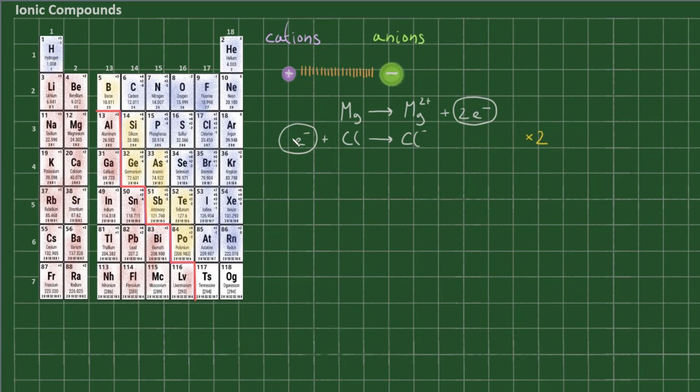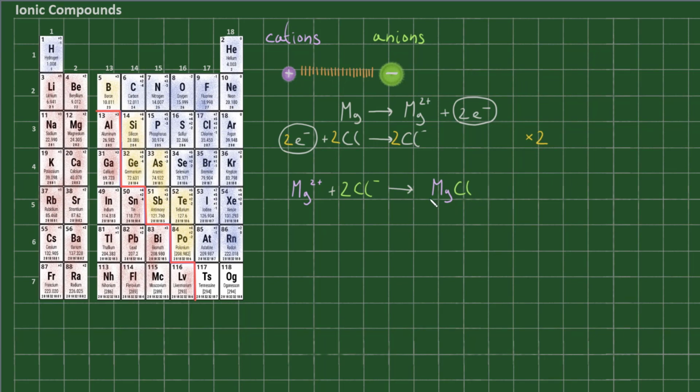So now I will have 2 electrons that will be donated to 2 chlorines to give me 2 chlorine anions. It is only now that I can take the magnesium cation from the first equation and combine it with 2 chlorine anions from the second equation to give me magnesium chloride.